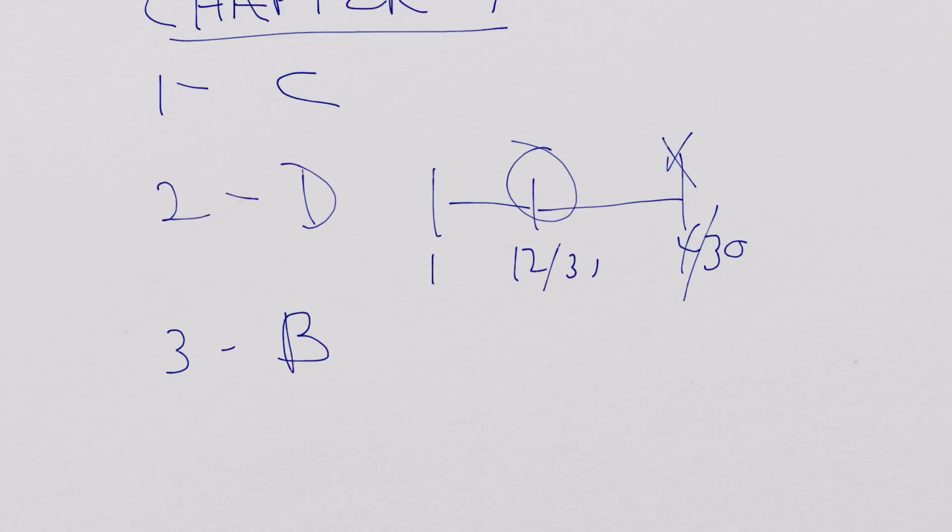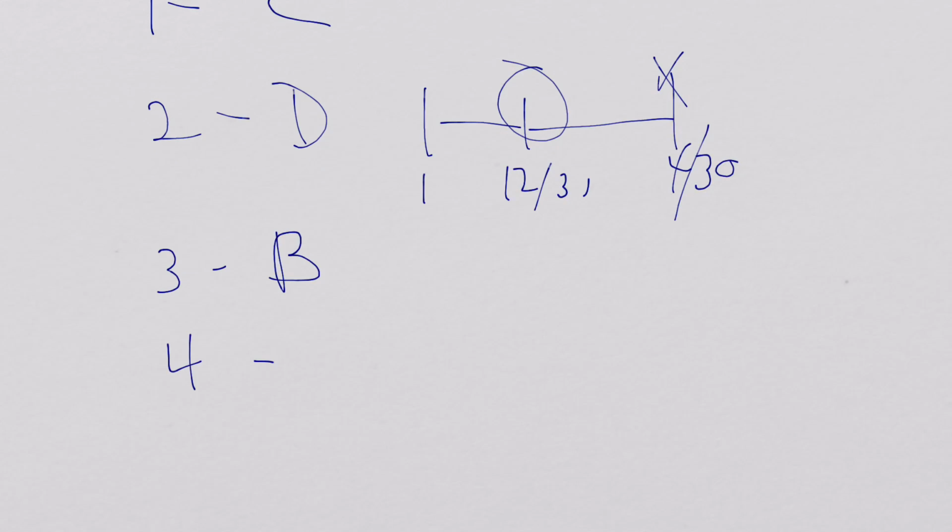Moving ahead to number 4. This is C. We have a receivable from a foreign customer that is payable in the customer's local currency.